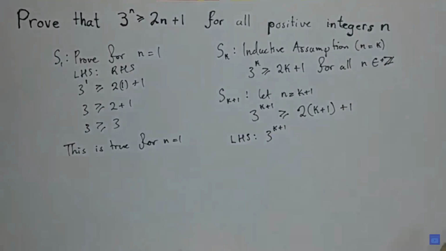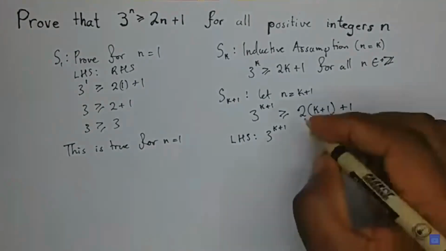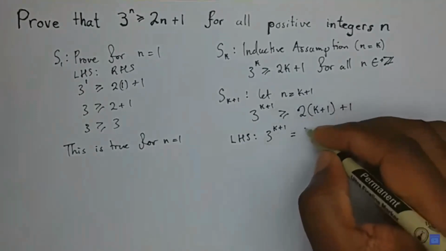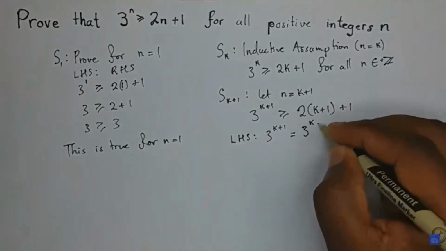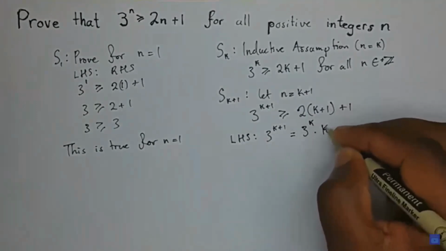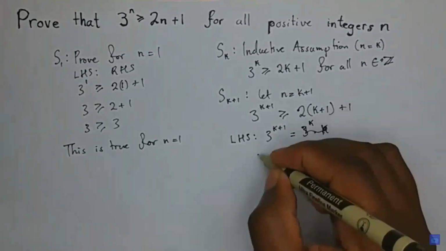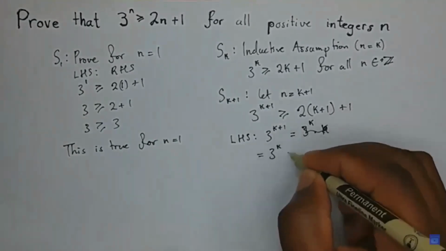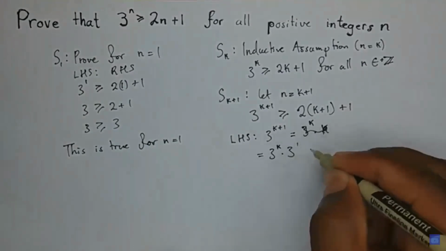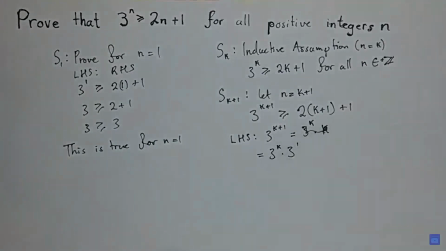If the bases are the same and the indices are multiplying, we simply add exponents. So this is the same as 3 to the power k multiplied by 3 to the power 1. Since the bases are the same, we add the powers and get back to that.